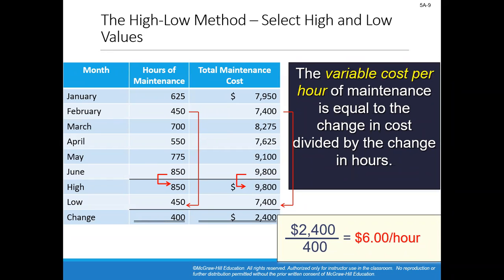Okay. So the same information has been presented in the left side. You see, the high-low method, what is our first task? Our first task is to find out which is the high point and which is the low point based on the level of activity.